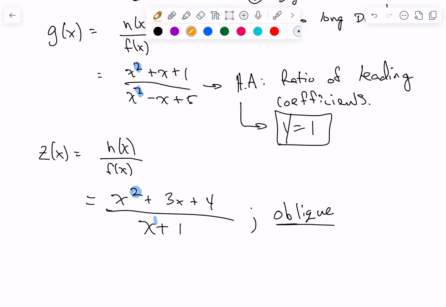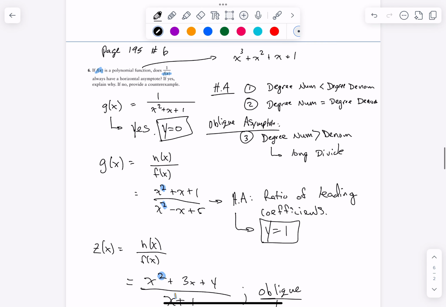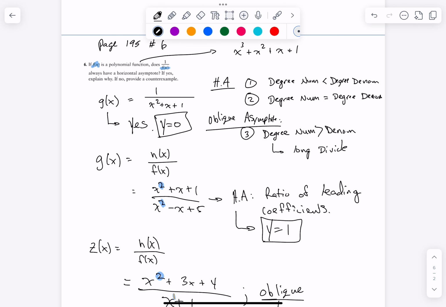So it lends itself to be long divided, and then you would get an equation for an oblique asymptote. So that's pretty much that question. In that specific example provided in number 6, it is going to be 0 all the time. But you could also have horizontal asymptotes that are not 0, and in the event that the degree of the numerator is larger than the denominator, then you would have an oblique asymptote.